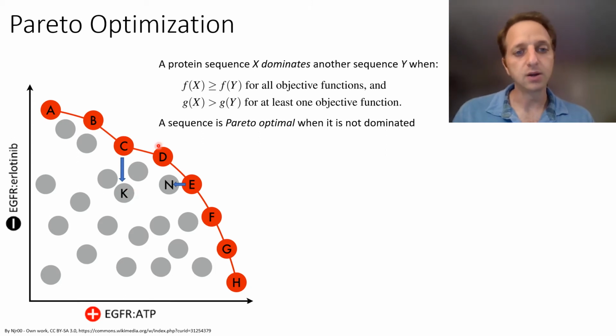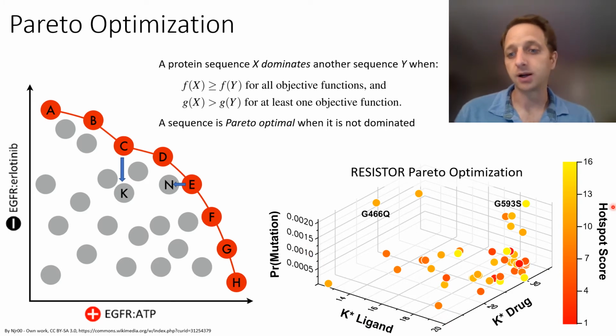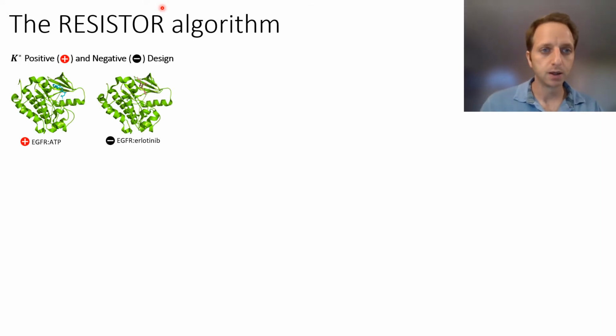But neither C nor E dominate each other, and they're both on the Pareto frontier. So in Resistor, we used 4 axes, namely positive design, negative design, mutational probability, and hotspot cardinality to compute a complete Pareto rank. At this point, it might be helpful to just summarize exactly what the Resistor algorithm is.